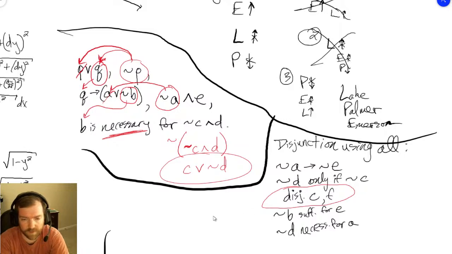Disjunction C or F here. Okay, so this must be C or F.